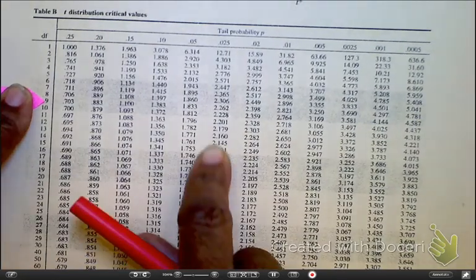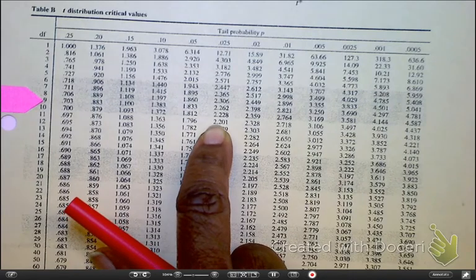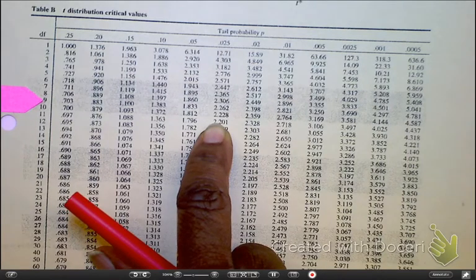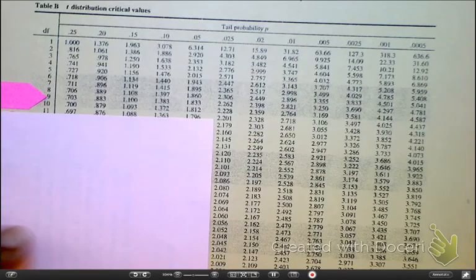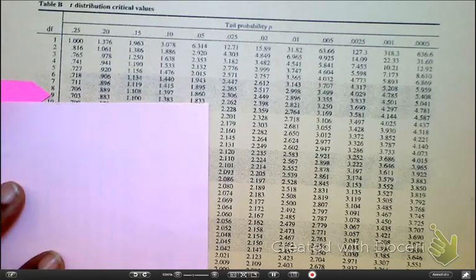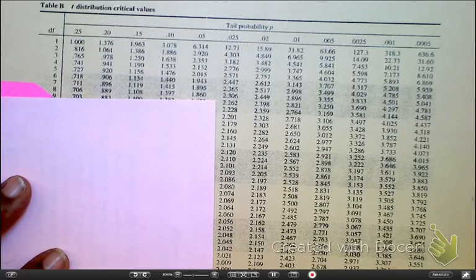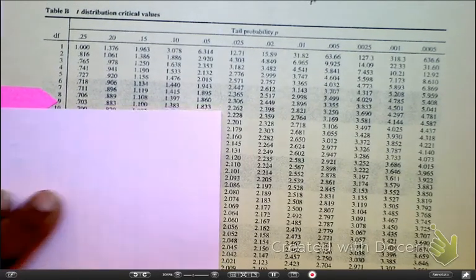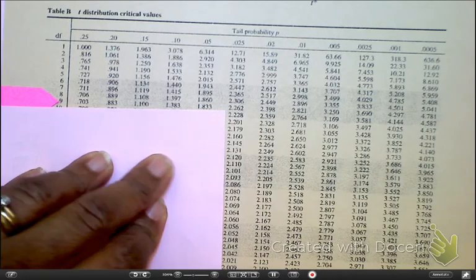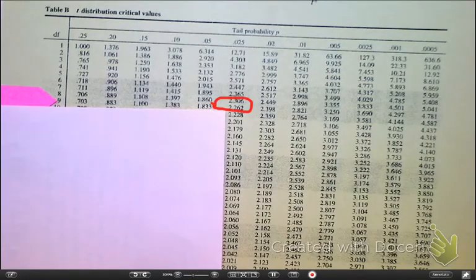So I'm up, up, up, up, up. Right here. So I can see my T star for this is 2.262. That is my T star.